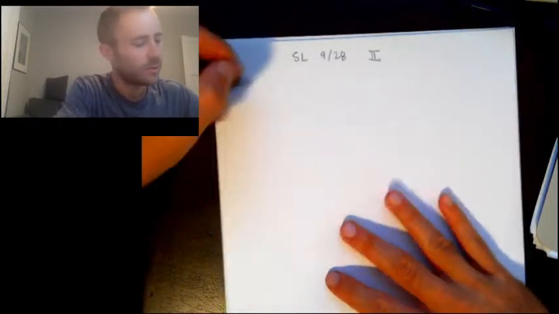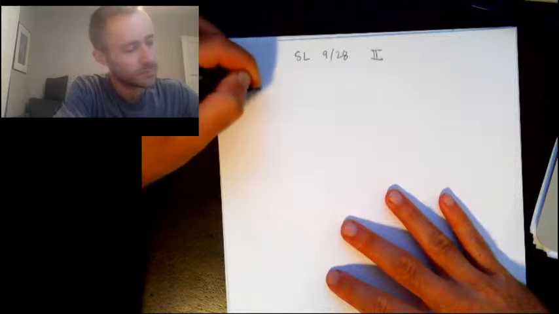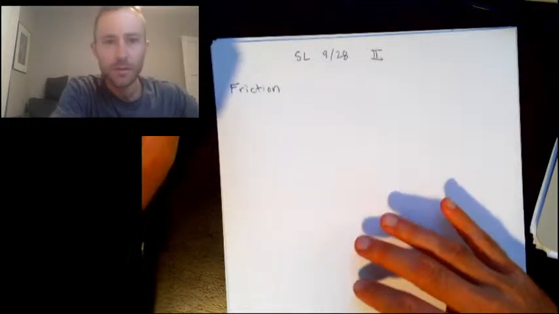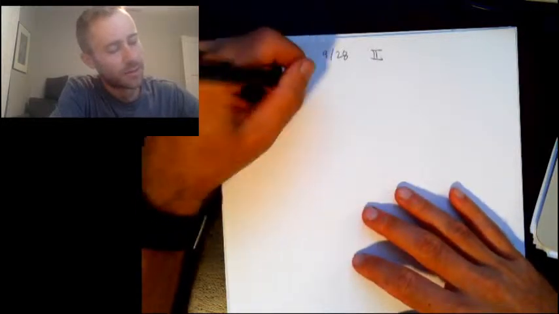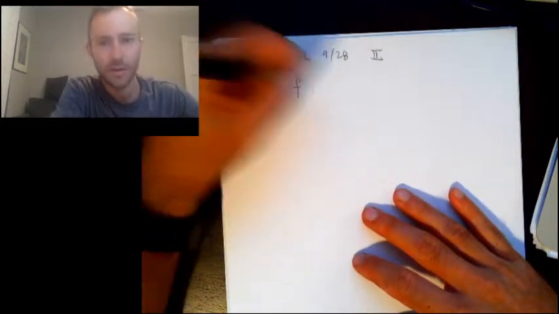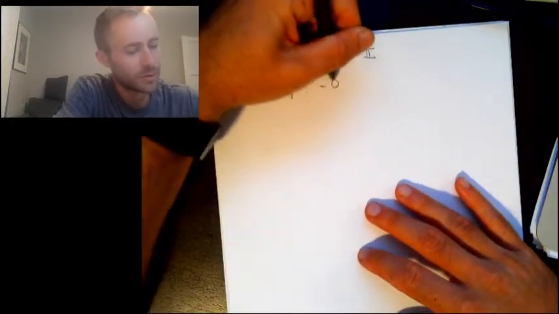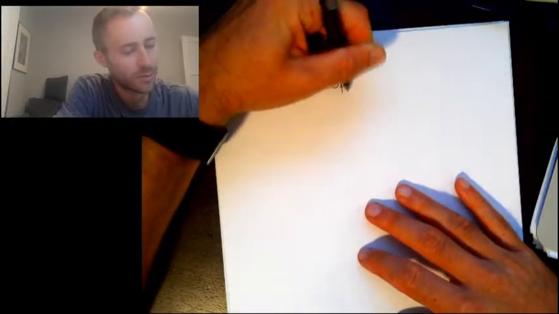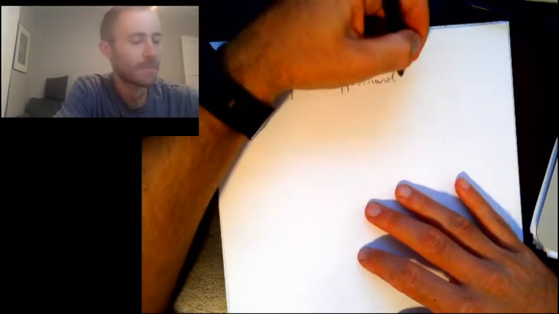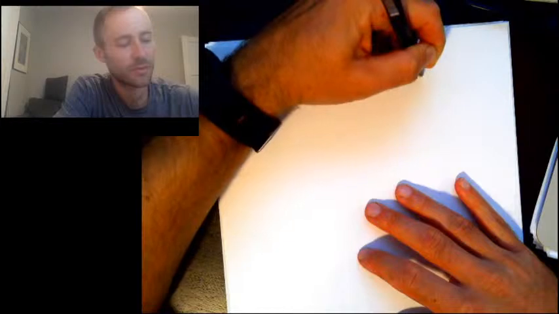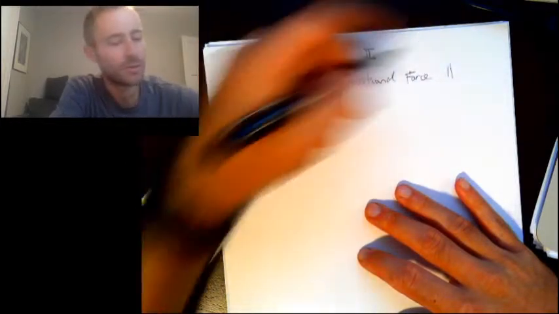This is the friction force. Friction is typically denoted by a script F, okay? And the way friction works is it is an oppositional force that is parallel to the surface.